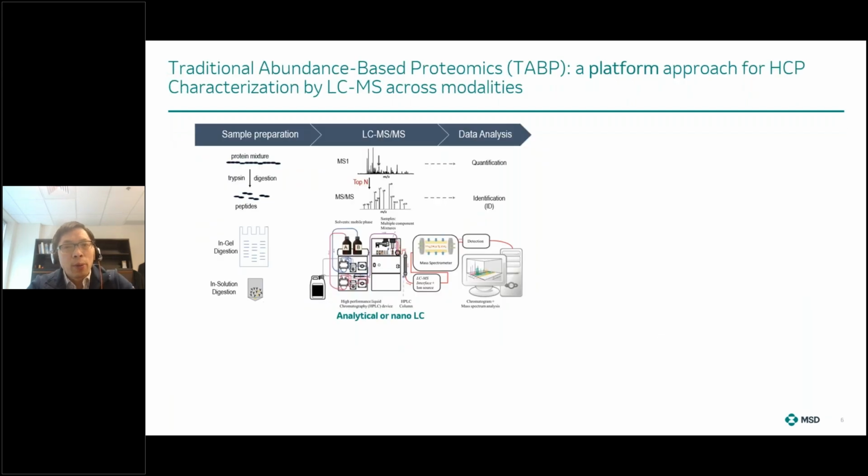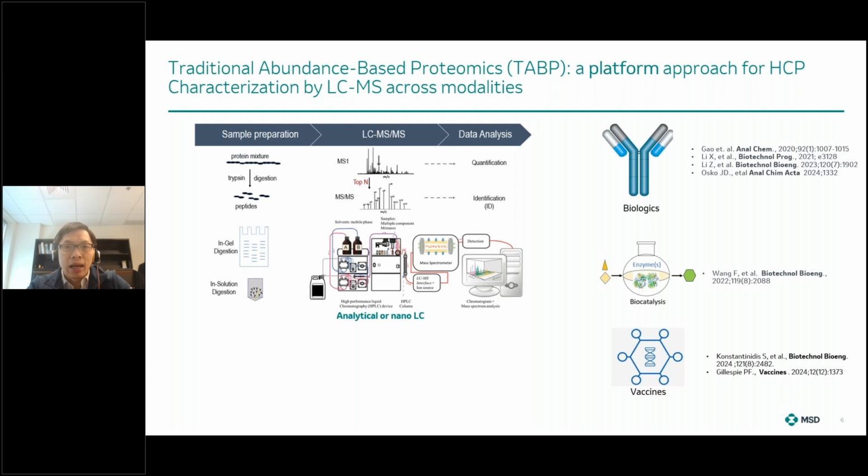So this proteomics workflow leverages different sample preparation, using either in-gel digestion or in-solution digestion, coupled with analytical or nano LC. Then we are able to connect with the mass spec for HCP identification and quantification. This has been used as a platform approach for HCP characterization across different modalities at Merck.